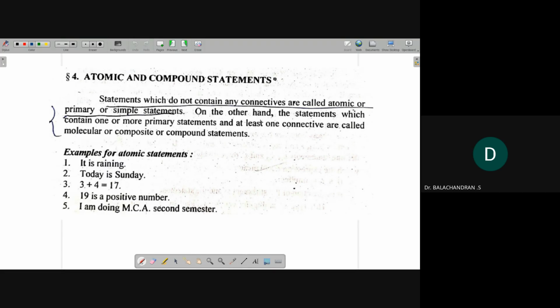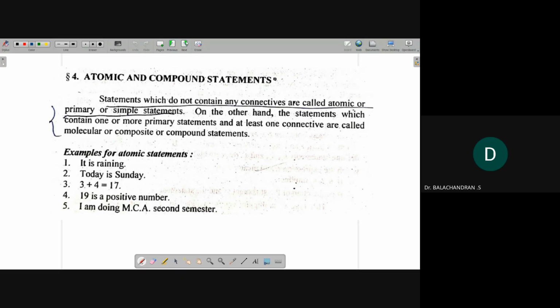On the other hand, statements which contain one or more primary statements and at least one connective are called compound, composite or molecular statements. Examples of atomic statements: today is Sunday, it is raining. These have no connectives.